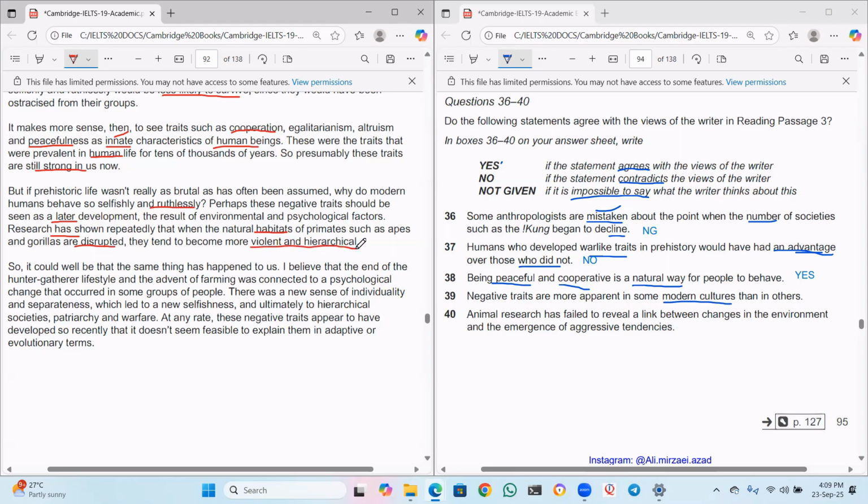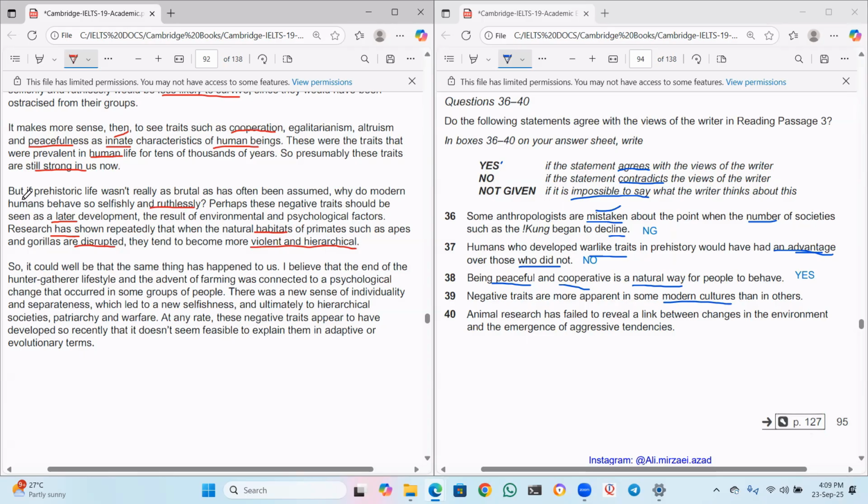Now he is talking about these negative traits. See, what did the research say? That whenever the natural habitats, meaning the natural environment, are disturbed, these primates become more violent. Their psychology changes whenever we disturb their natural habitat.